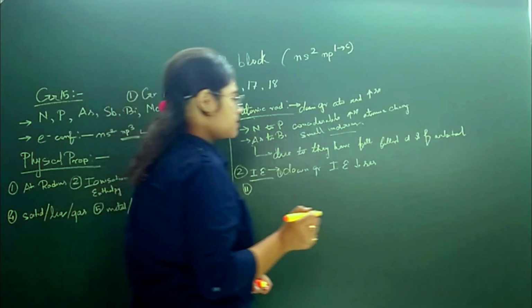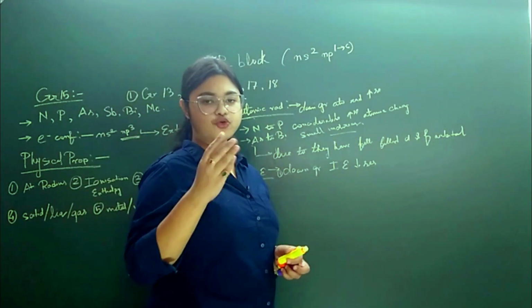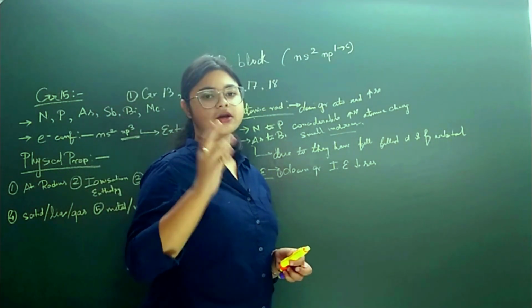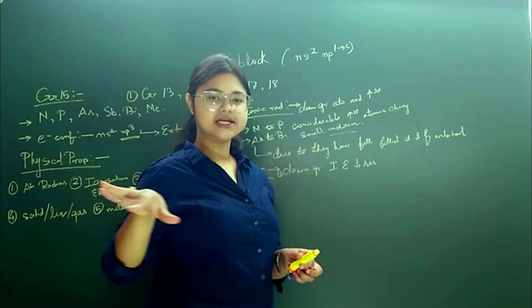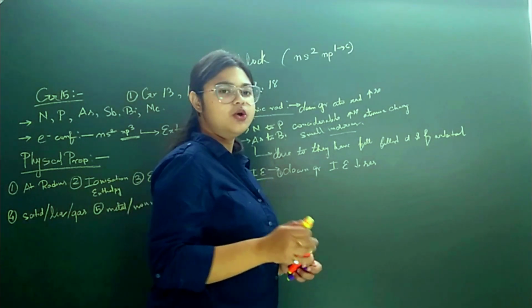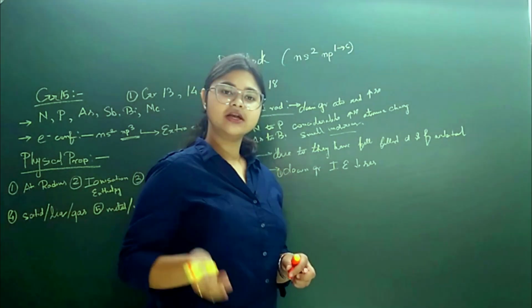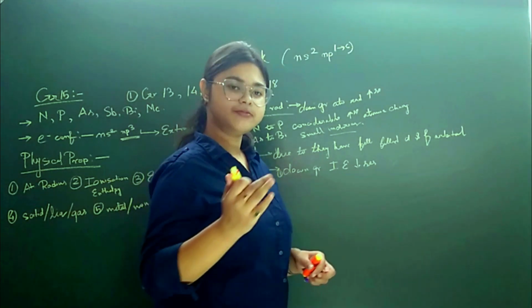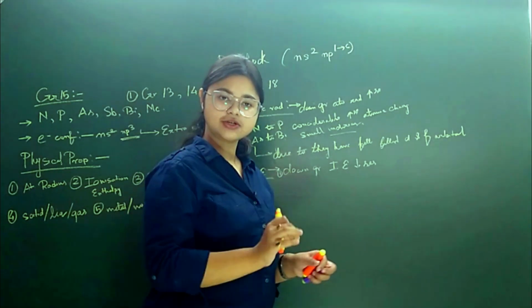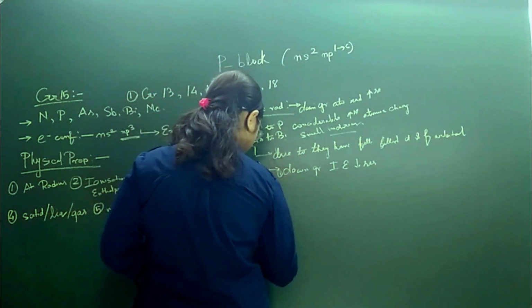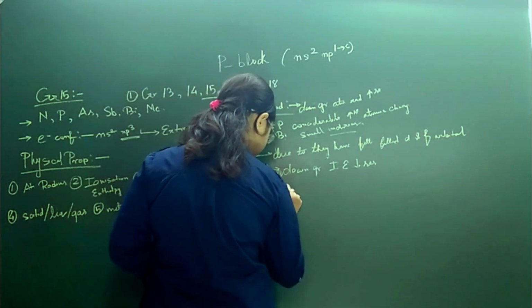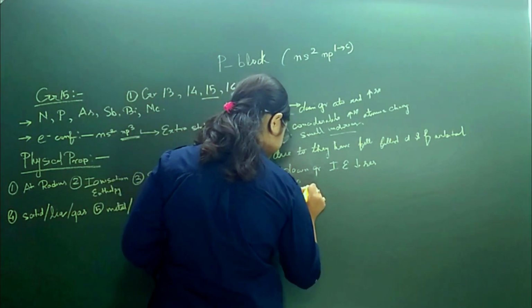Then in comparison of group 14, group 15 and group 16, these three blocks are adjacent. Group 14 is least, then group 16 and then group 15. It is the characteristic feature of group 15 elements.